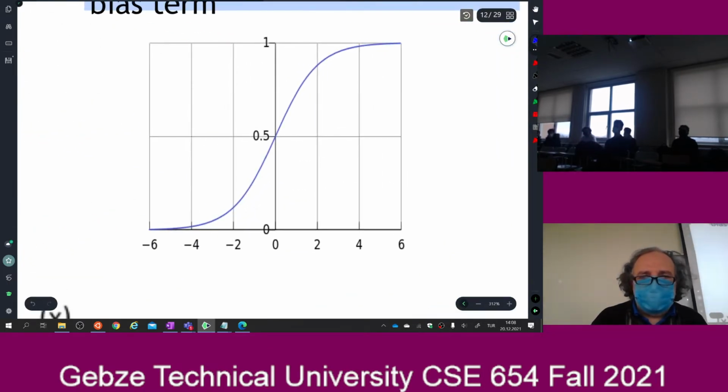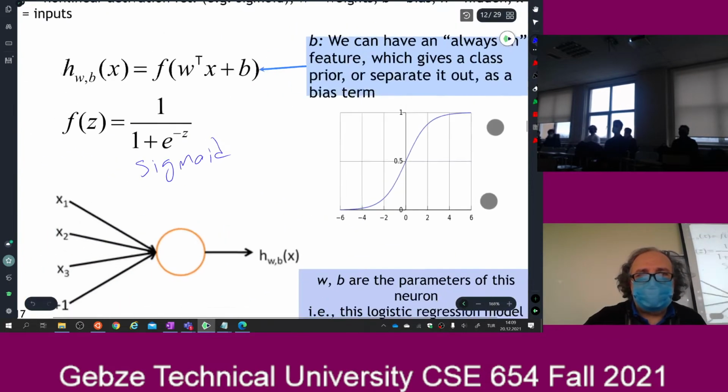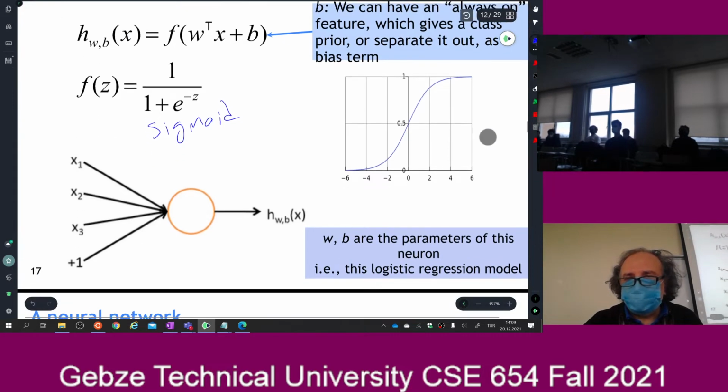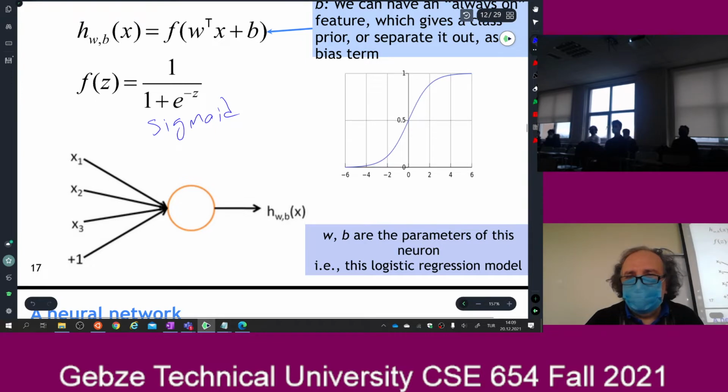Let's draw this. That's the formula. I am going to draw it. This is e to the x, right?